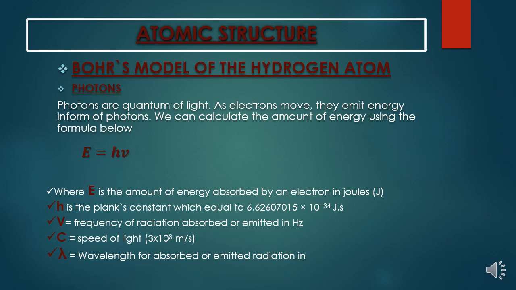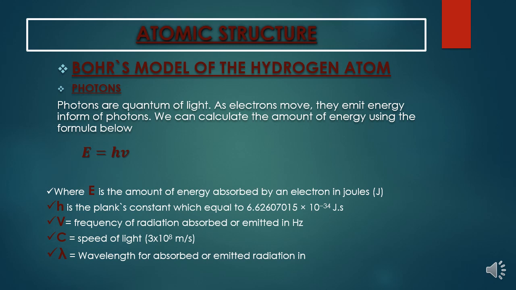We need to know that energy is always measured in joules. Joules is the SI unit for energy. h is the Planck's constant, and the Planck's constant is equal to 6.626 multiplied by 10 to the power negative 34, and this is measured in joule-seconds. The frequency, symbolized by v in this case, is the radiation absorbed or emitted.